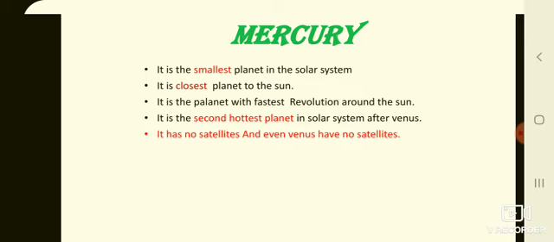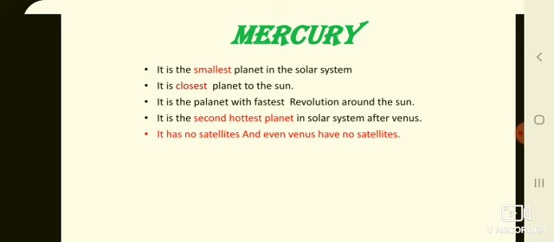Mercury revolves around the Sun very fast as compared to the other 7 planets.